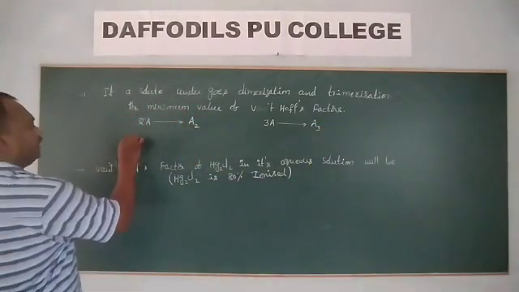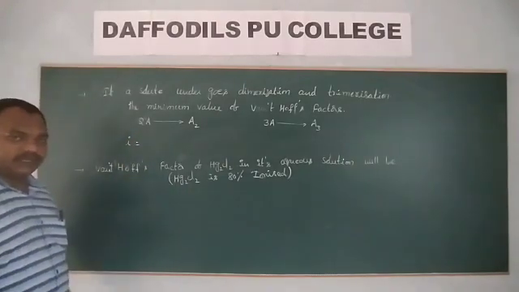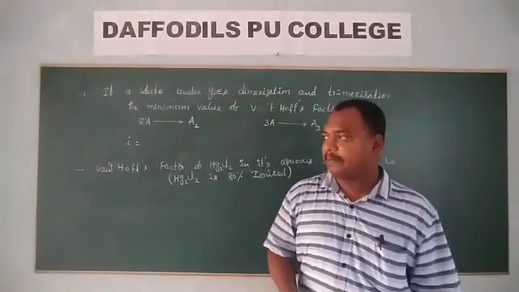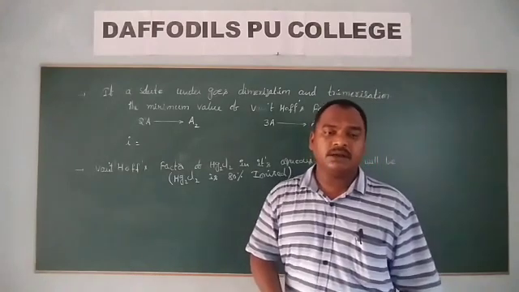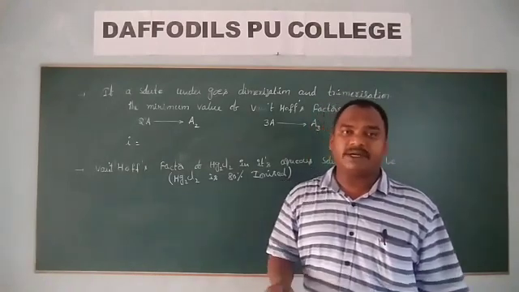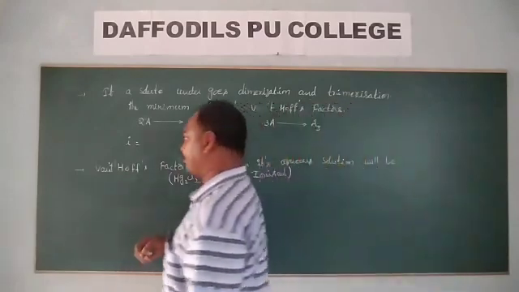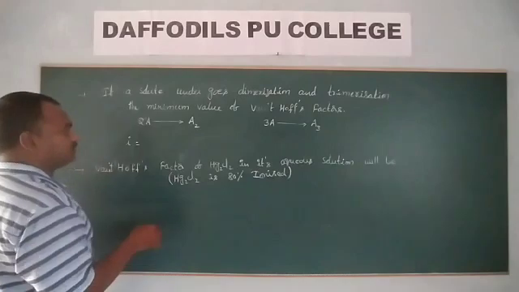Van't Hoff factor is i. We have 3 formulas for this Van't Hoff factor. One of them is the number of particles after association or dissociation divided by the number of particles before association or dissociation. This dimerization is an association process.